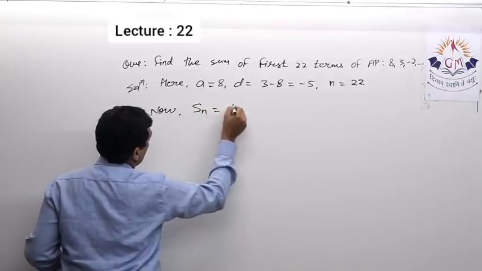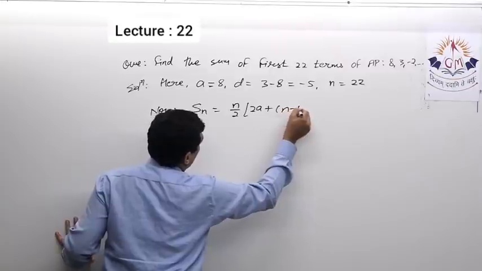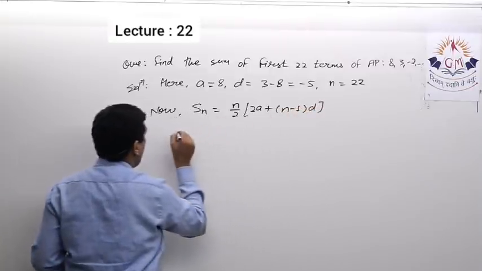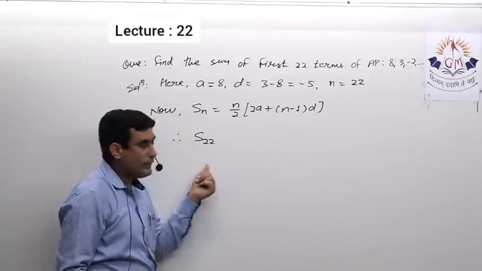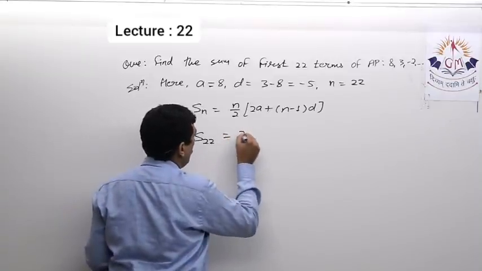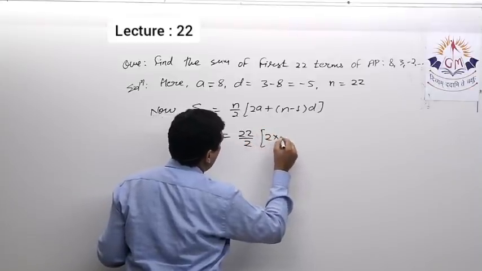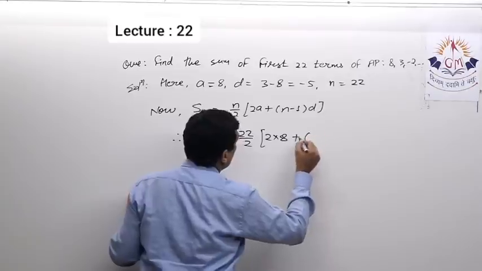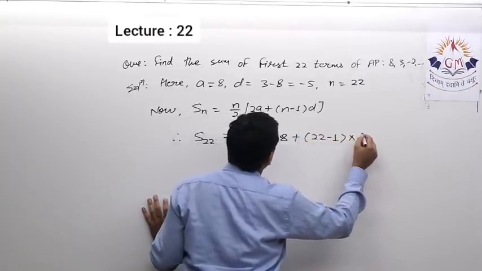Sn is equal to n by 2 into (2a plus (n minus 1) into d). So S22, that means the sum of the first 22 terms, is equal to 22 by 2 into (2 into a, that is 8, plus (22 minus 1) into d, that is minus 5).